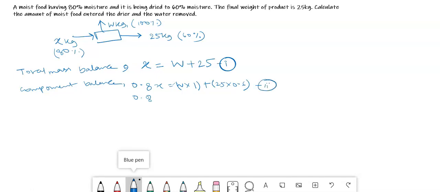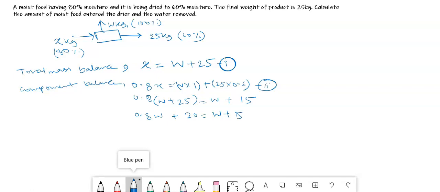We can put the value of x from equation 1: 0.8 into (W plus 25) is equal to W plus 15. Okay. Next step is 0.8 into W plus 20 is equal to W plus 15.